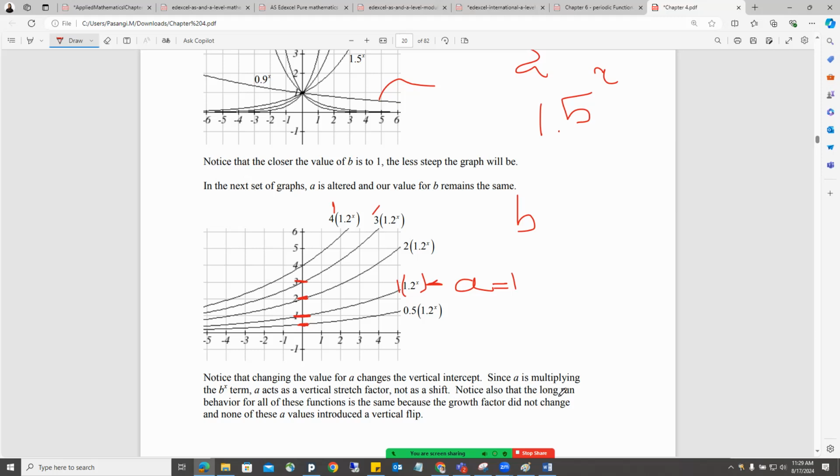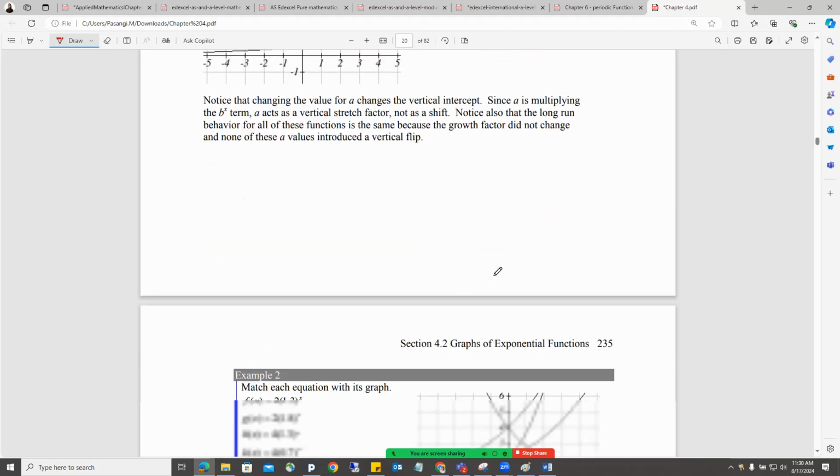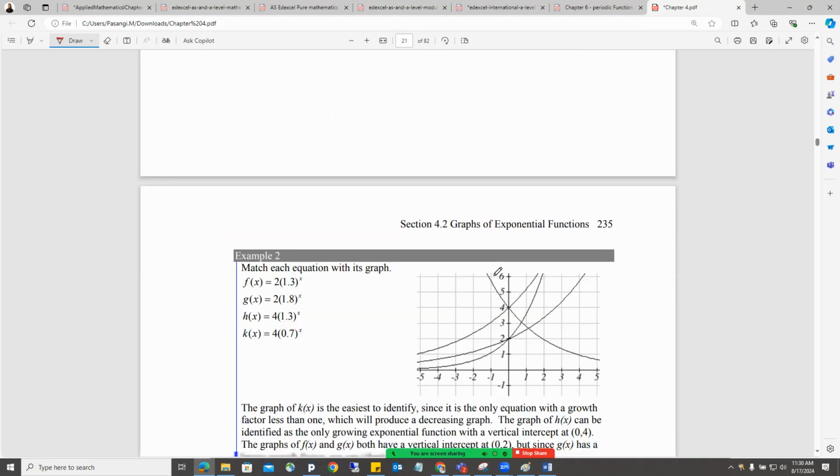Notice also that the long run behavior for all of these functions is the same because the growth factor did not change and none of these a values introduced a vertical flip. The only thing that changed is the vertical intercept. The curvature and the rest are the same. Is it clear? Yes. Okay.